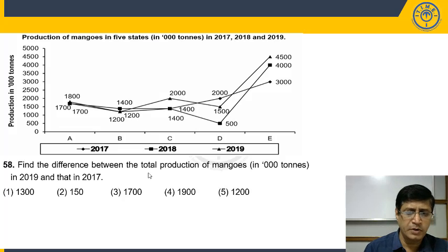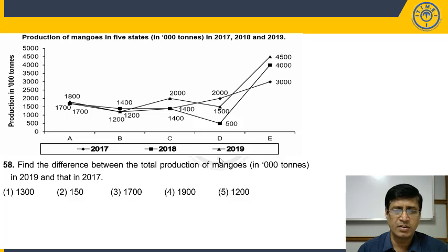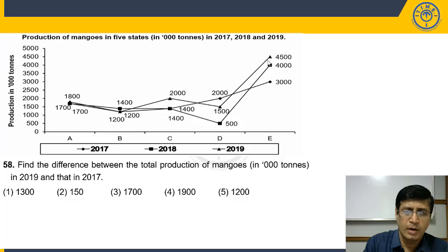Find the difference between the total production of mangoes in 1000 tons in 2019 and that in 2017. So 2019, what are the values? The difference between the total production of the mangoes in 2019 and 2017. 2019 means we need to observe all the values.